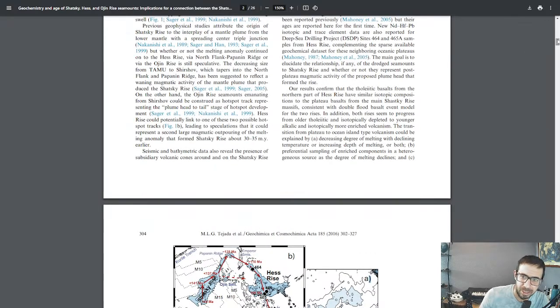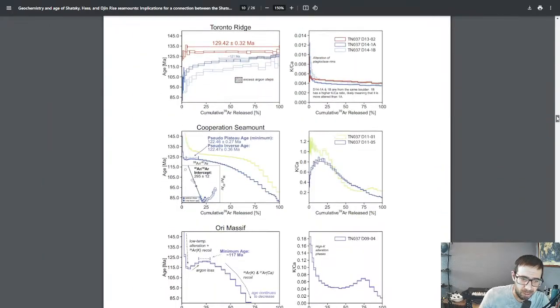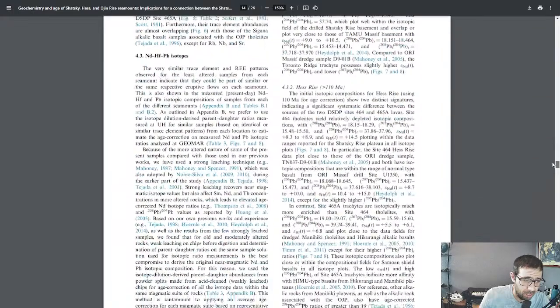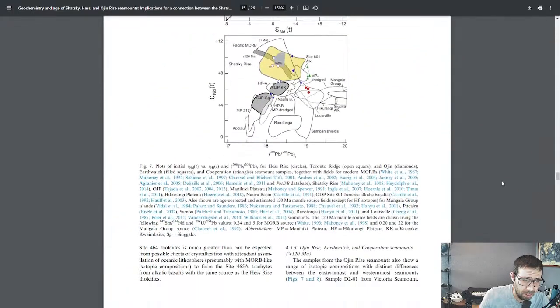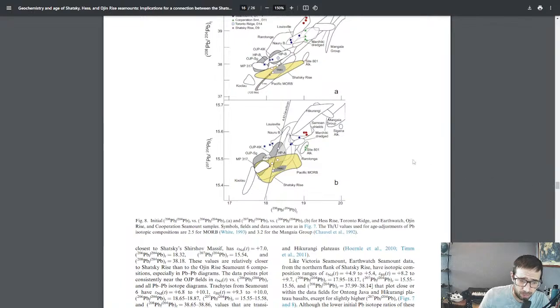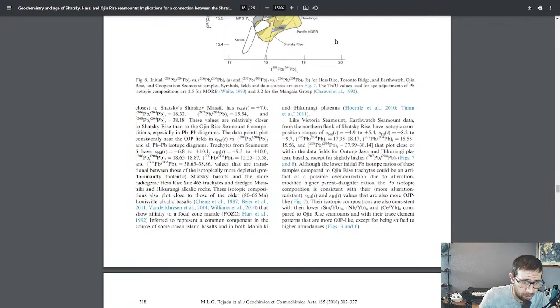Let's see, let's go to conclusions. I haven't really looked at this data or anything. I just read the abstract and the intro. Hikurangi Plateau. Manihiki Plateau. Ontong Java. Oh, okay, let's stop here.